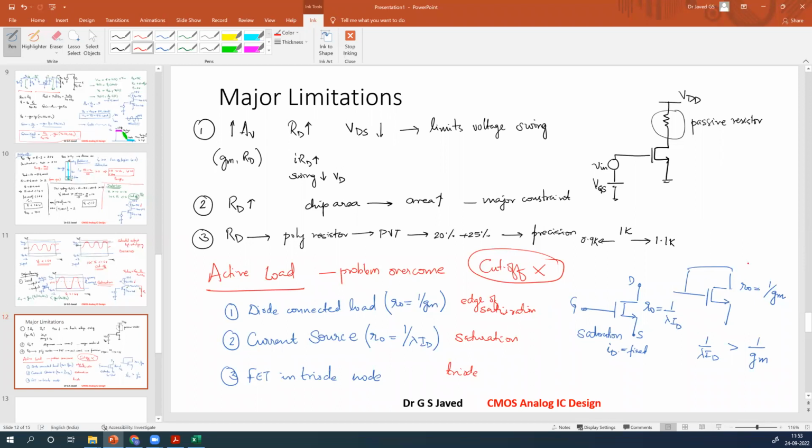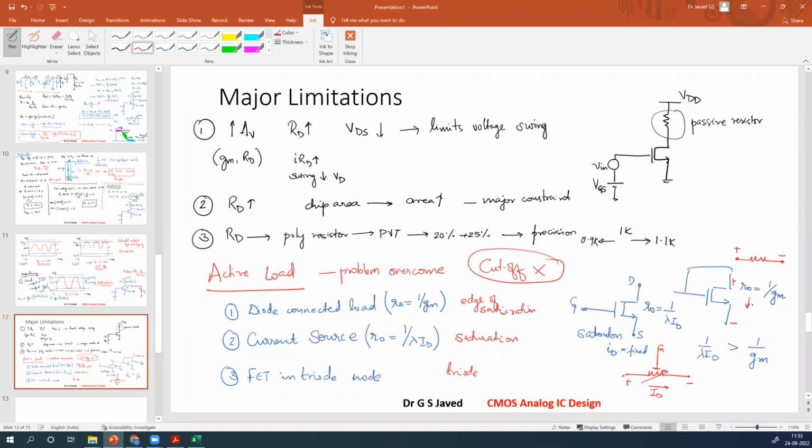The diode will act like a 2-terminal device when you have shorted it, so this will be plus, this will be minus. It is a gate controlled 2-terminal device which allows a fixed current ID to pass through it.